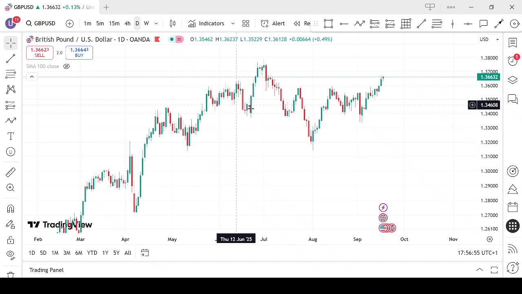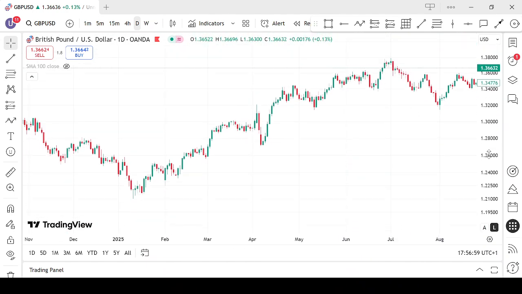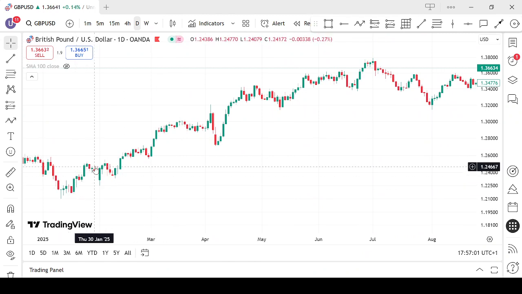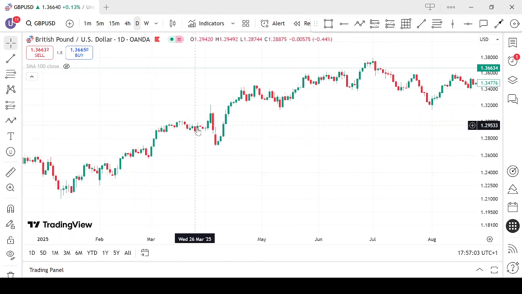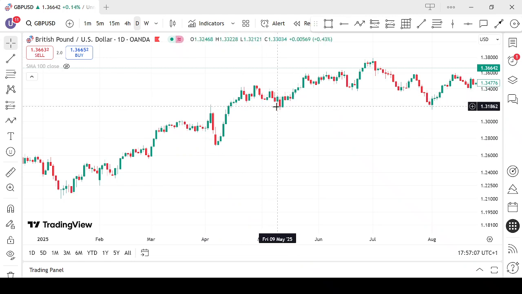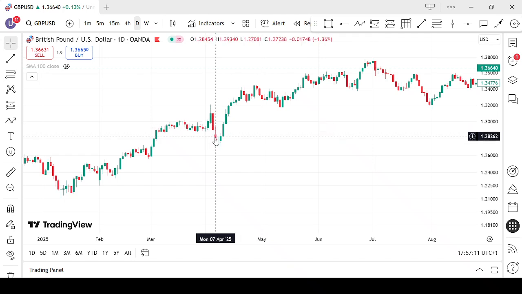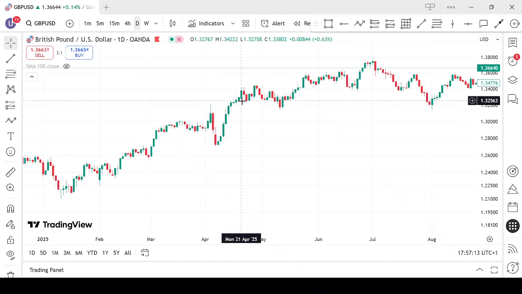Now in the chart, you can see the price moves in a wave-like motion. It initiates a rally, a retracement, then a new advance. As you can see, a retracement, then an advance.